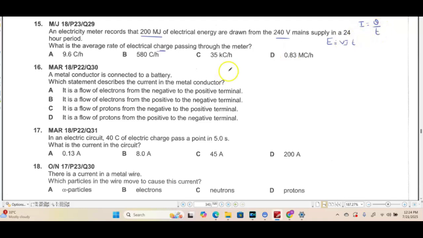If you look at the answer, the units are coulomb per hour or kilo coulomb per hour. So what we can do is replace I by Q by T. Energy is 200 into 10 raised to the power 6 joules, because mega is 10 raised to the power 6. Voltage is 240.